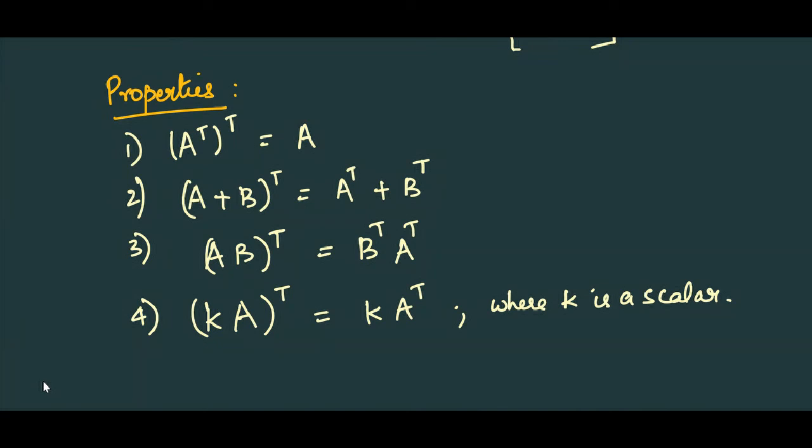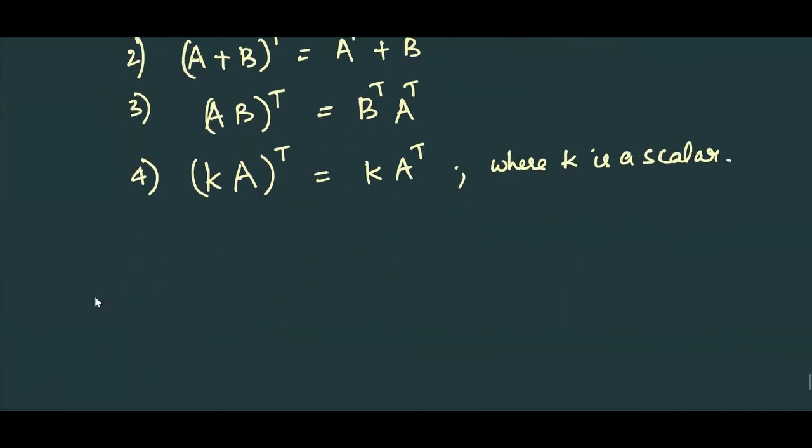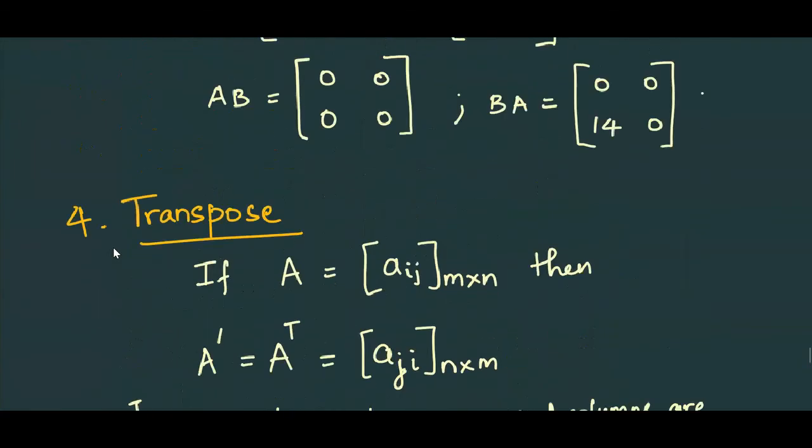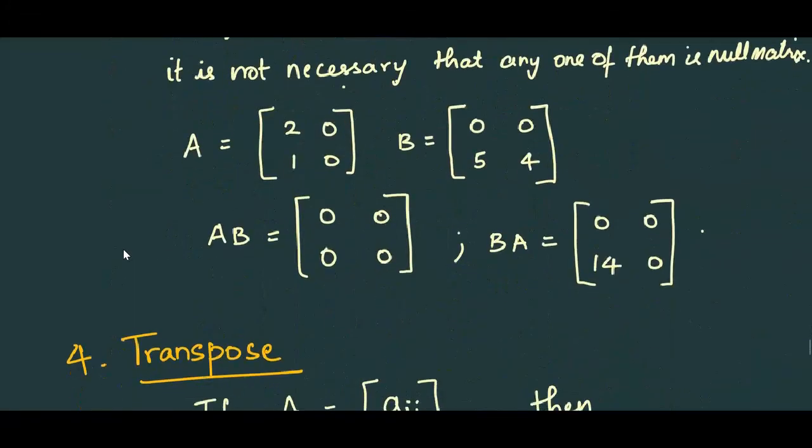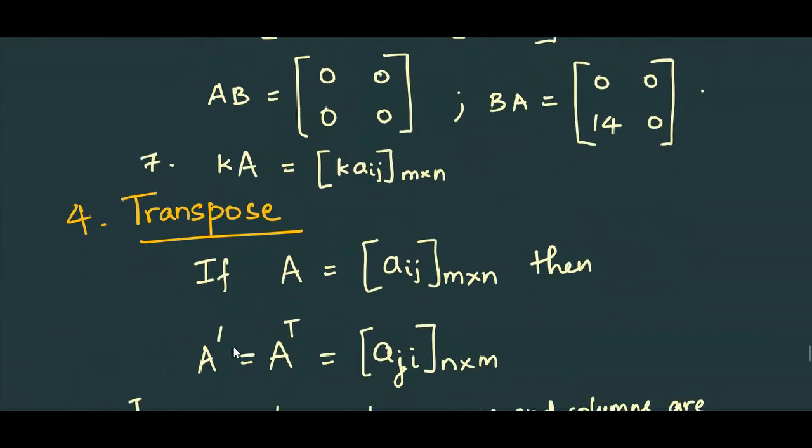So these are properties. One important thing about scalar multiplication, which I missed here in properties of multiplication, I should have written here. See, K times a matrix A is the same as multiplying every element of it with that K. That is the scalar multiplication.